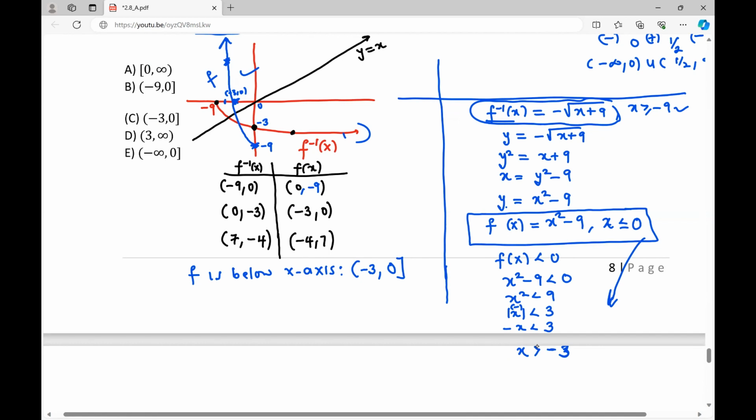You can write it this way: minus 3 is less than x, and x is less than or equal to 0. So this is minus 3 to 0 closed. This is how to do this without graphing.